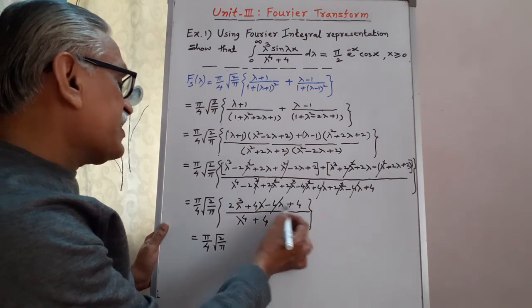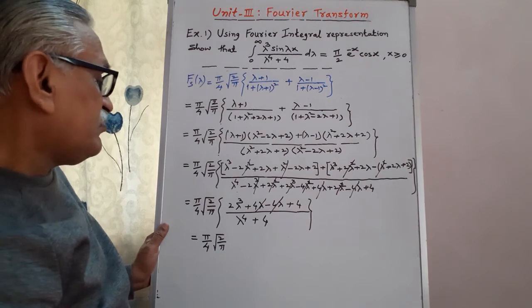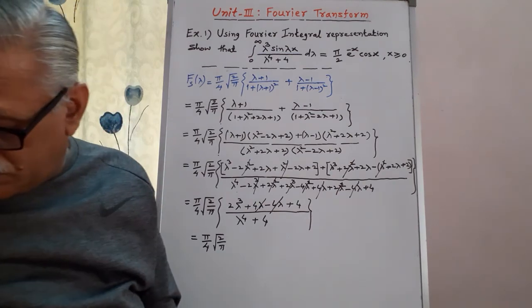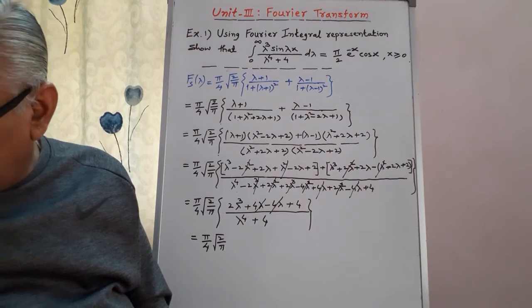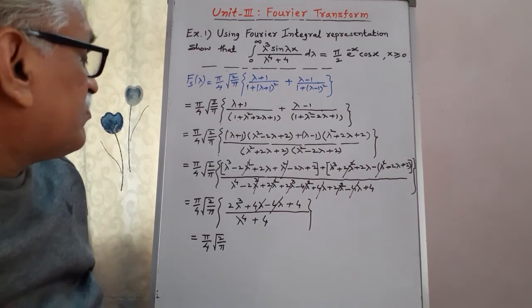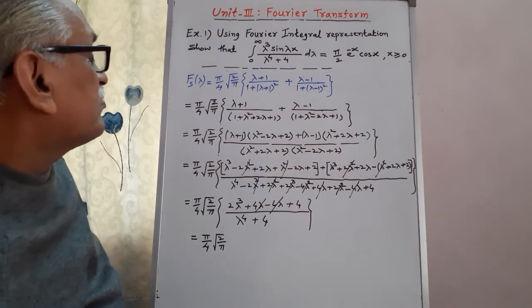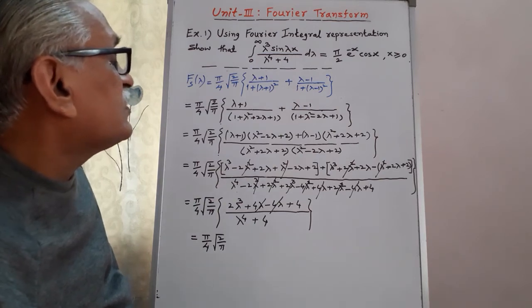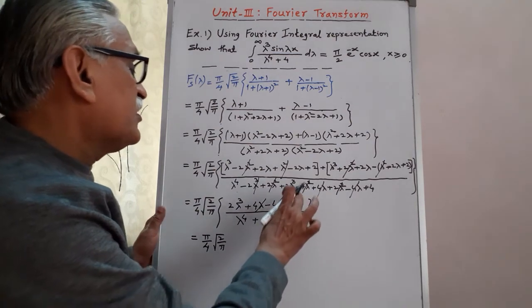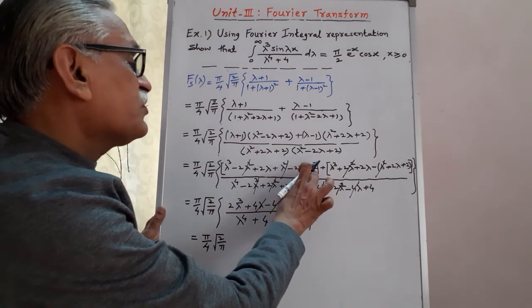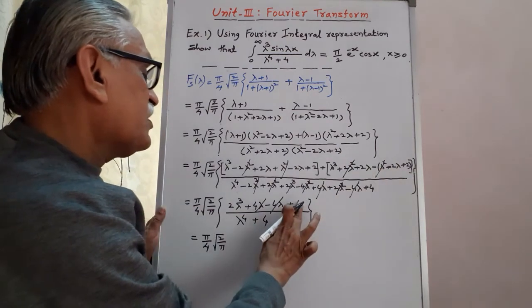From these two terms I can take, this is plus 2 and this one is minus 2, that get cancelled.